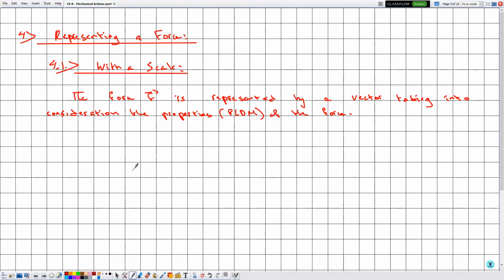And now a convenient scale is given in order to represent the magnitude of the force. And 1 centimeter must represent the unit of length.